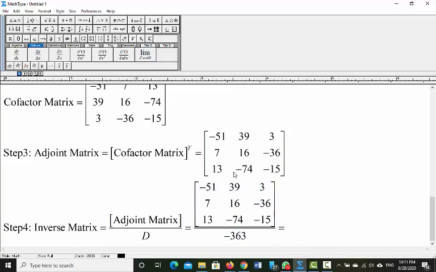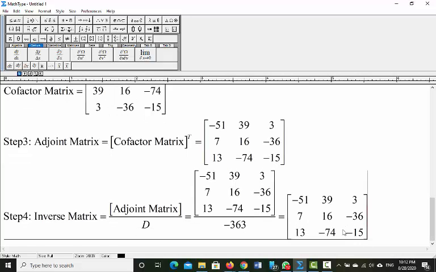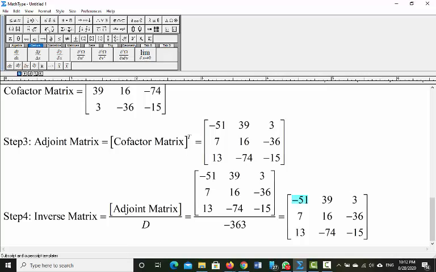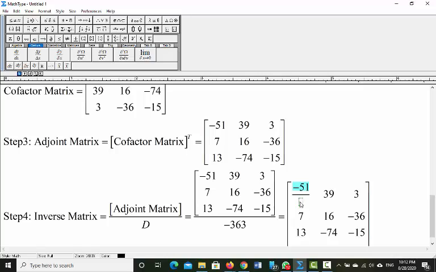So what we will have is, these need to be divided by minus 363.